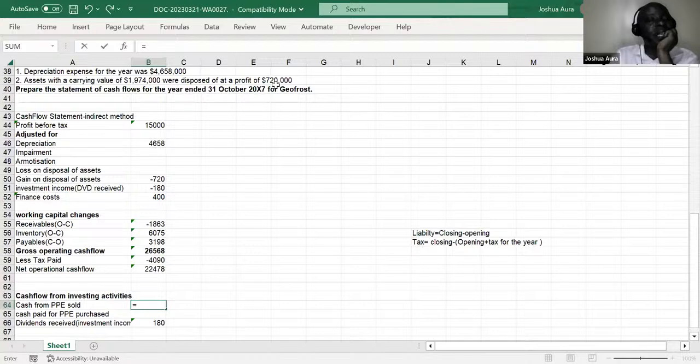This is very interesting. Financial Accounting 1, when we started learning this CPA. So this carrying value is 1974, and there was a profit which was earned. So if I draw a disposals account, can somebody give me 3 entries of a disposals account?